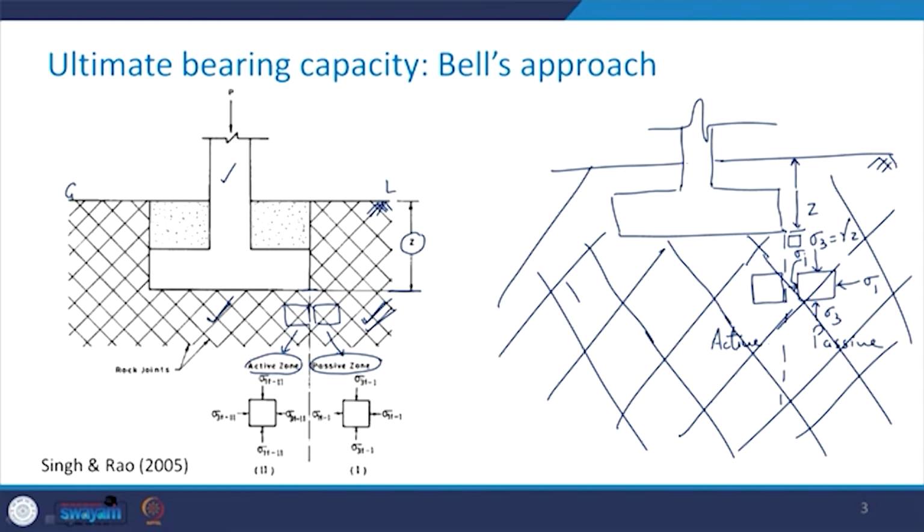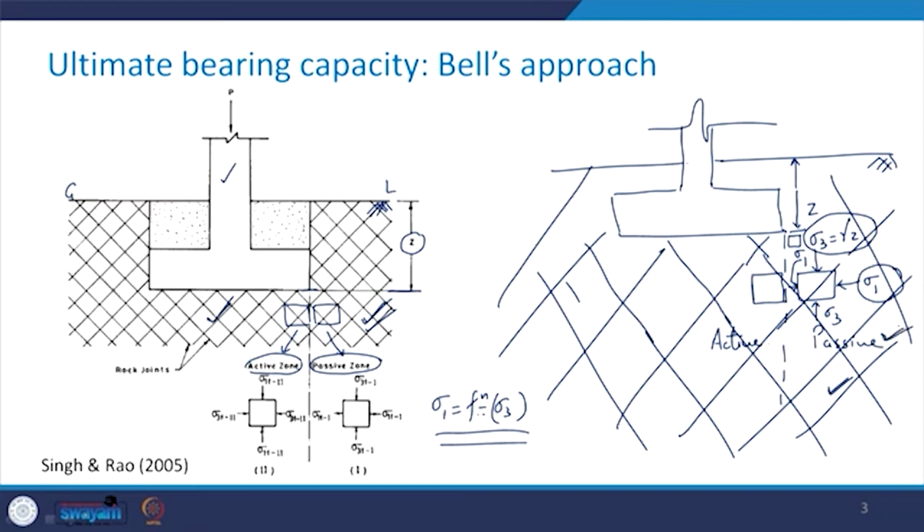Now, depending upon what this rock material is, and which constitutive law it is following, you will always have a relationship between sigma 1 and sigma 3. You know the value of sigma 3 in this zone, and using this expression you will be able to get the value of sigma 1 in this passive zone.